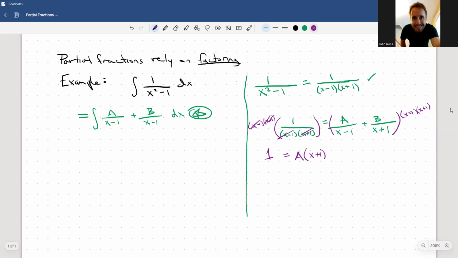And so what we're left with there is A times x plus 1. And I encourage you to pause the video and to just confirm that when we multiply the x minus 1 times x plus 1, and we multiply that by this first piece, what we get is an A times x plus 1. Okay, the second half is going to be similar, the B over x plus 1. Well, when I multiply that by x plus 1, that will kill the denominator. And then when I multiply it again by x minus 1, I'm going to get B times x minus 1.